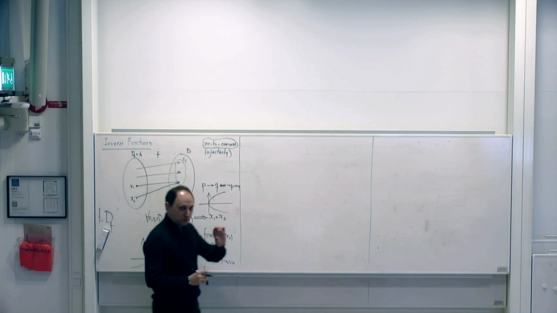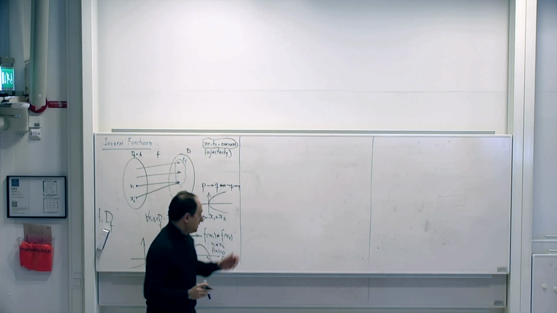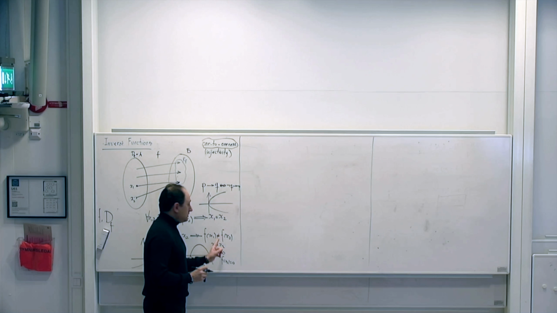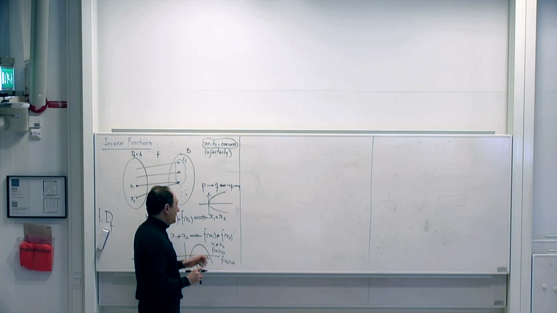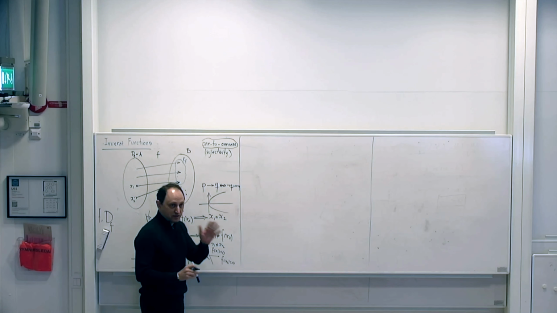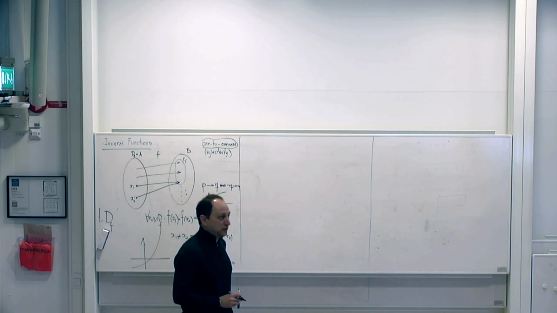So one-to-oneness is an attribute we associate with the notion of a function. This is not a function. Why? Because if I draw a vertical line, it will intersect the graph at more than one point. So this is not even a function. But if you have a function, meaning that every vertical line intersects the graph at most at one point, then you can talk about one-to-oneness of that function.